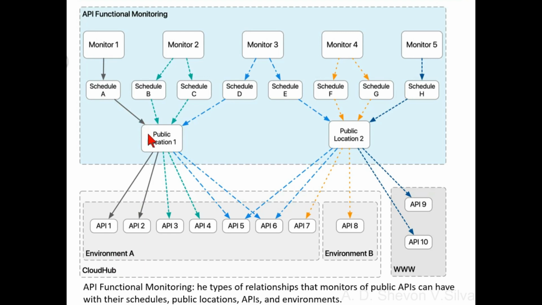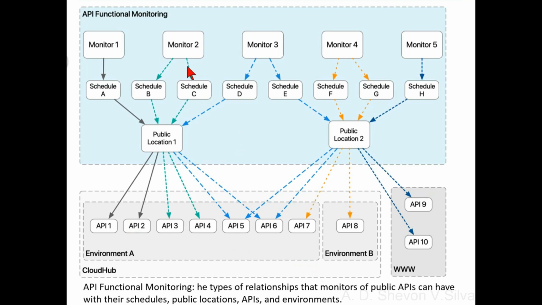The monitor is written to test one or more endpoints in public API 1 and public API 2, although it could also test endpoints in more public APIs. The two APIs are in a single environment A.